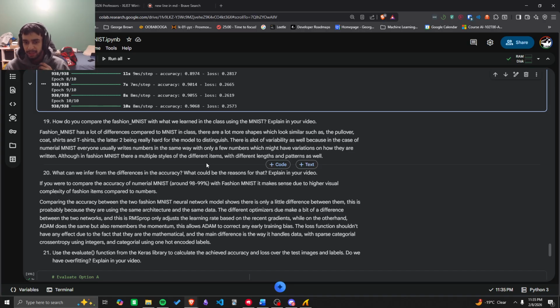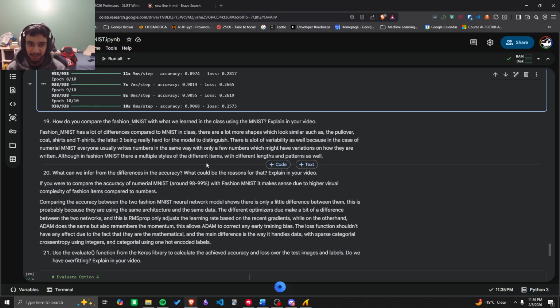There are also other labels in Fashion MNIST, like a shirt from underneath, and it would be really hard for our model to differentiate and distinguish between a regular t-shirt, a shirt, a hoodie, because they look very similar to the model. To us there is a difference, but even to us sometimes it's hard to tell.